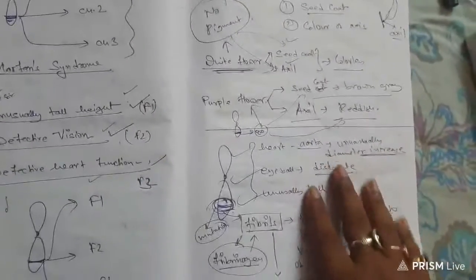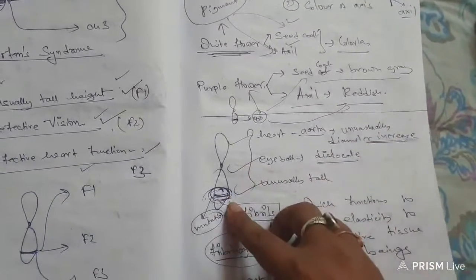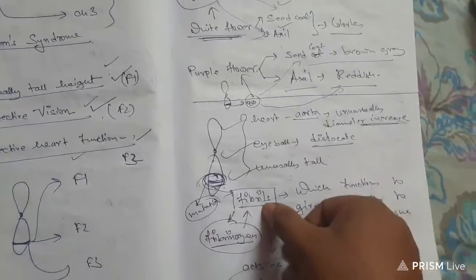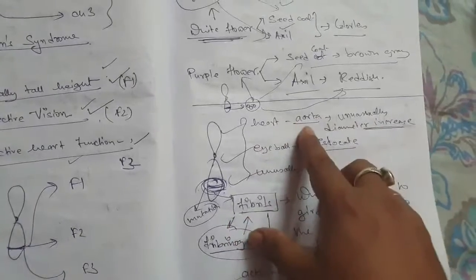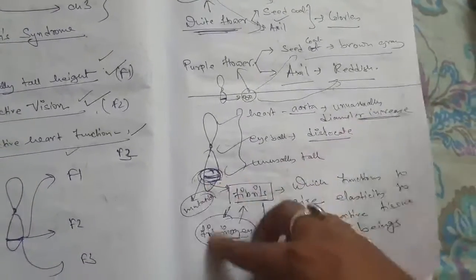Mendel also observed pleiotropy. Okay, because from this there was production of fibrils which form fibrinogen. Now this could control heart function, because in the aorta there would be unusual diameter due to less production.